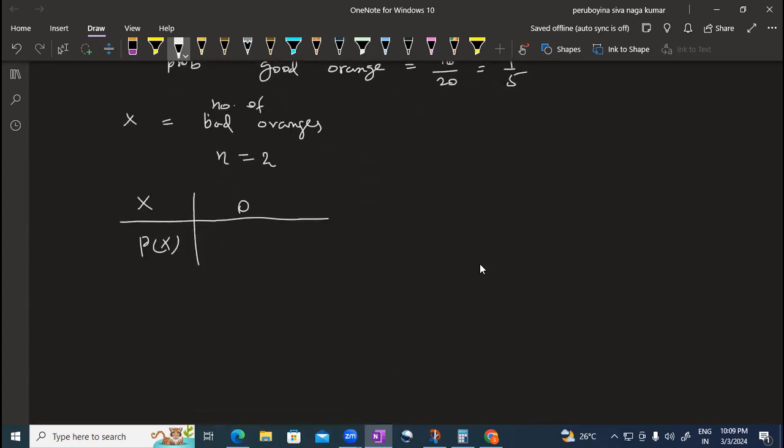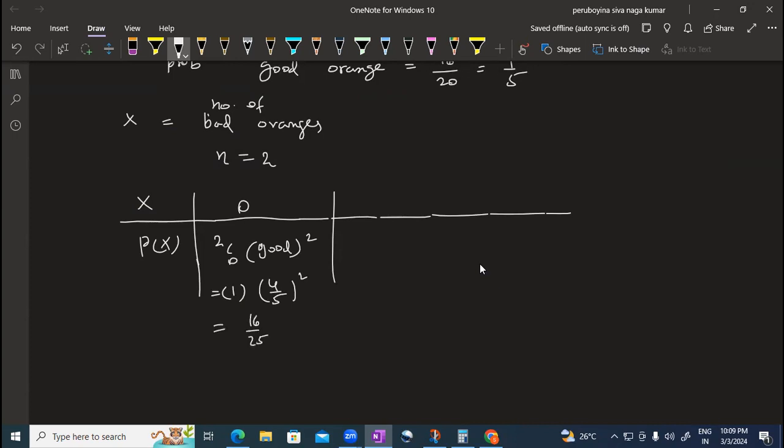So first write down 0 bad oranges out of 2 trials. So write down 2C0. X means bad oranges, and 0 means all good, so 2 drawn oranges will be good. So 2C0 is 1, good orange probability 4 by 5 whole square, which is 16 out of 25.